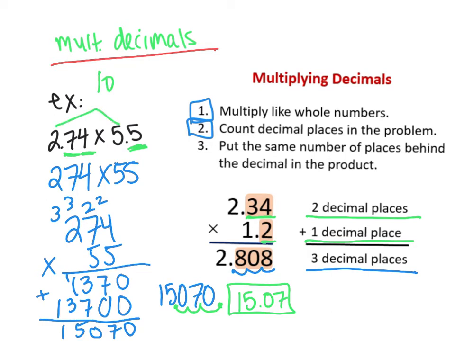Well, this is actually closer to 3. 3 times 5 is 15. So my answer should be around 15. If we use that idea of rounding and estimating where our answer should be, 2.74 is close to 3. 5.5 is a little higher than 5. So 3 times 5 gives us 15, and that answer matches.